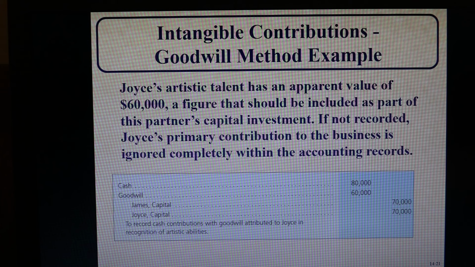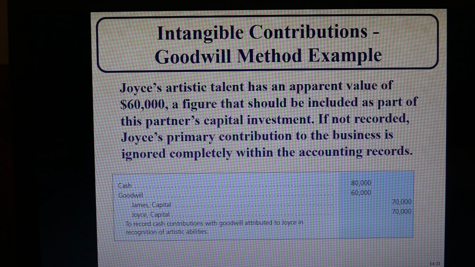So here we record our cash of $80,000, but instead of James taking part of his capital account and giving it to Joyce, he's receiving his $70,000 that he contributed, and we're creating a debit account, an asset account called goodwill, and valuing that for the $60,000 of artistic talent that Joyce brings to the partnership.